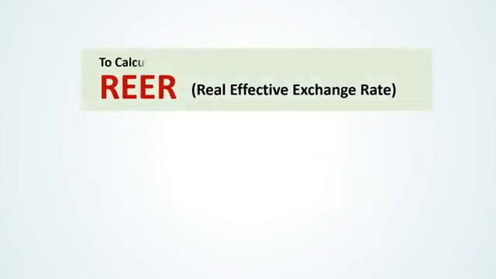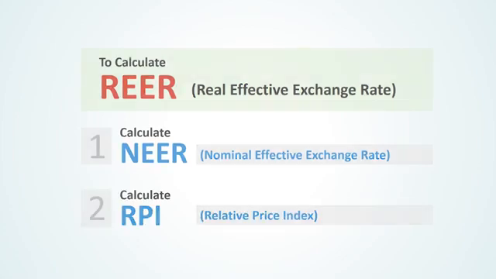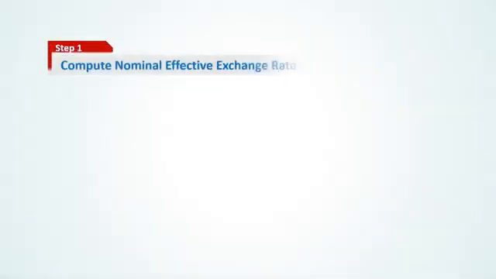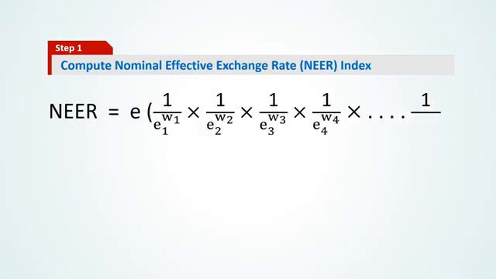To calculate REER, you first need to calculate a nominal effective exchange rate, or NER, and a relative price index, or RPI. To compute NER, since there are many countries involved, we first take the weighted average of all nominal exchange rates of all countries in the basket vis-à-vis one currency, such as the US dollar.